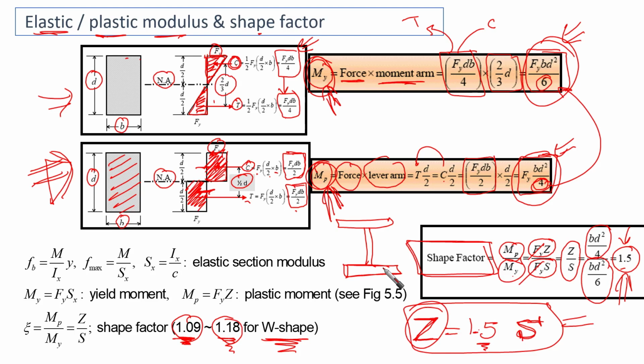So in general, the shape factor, which is psi here, is going to be MP over M yield. This means that the ratio of the plastic moment over the yield moment is going to give us from 9% extra to 18% extra for wide flanges.